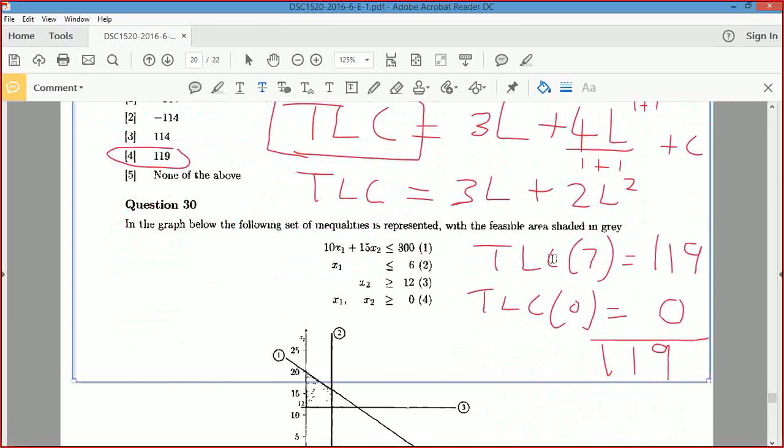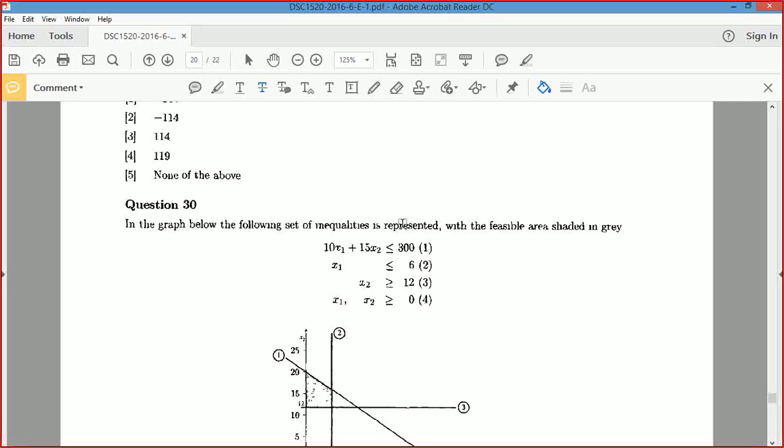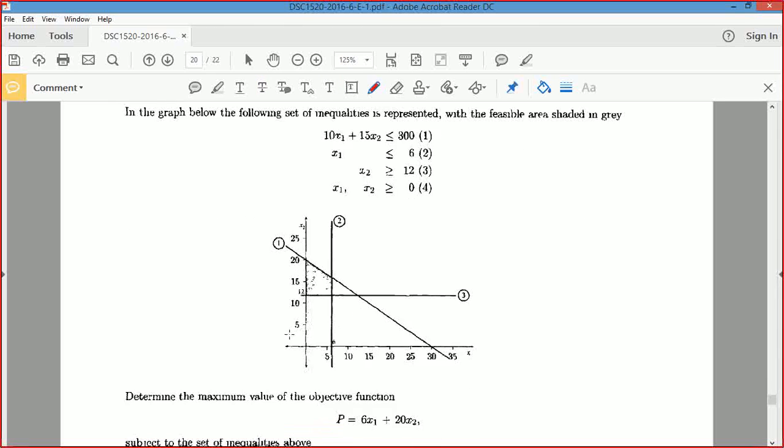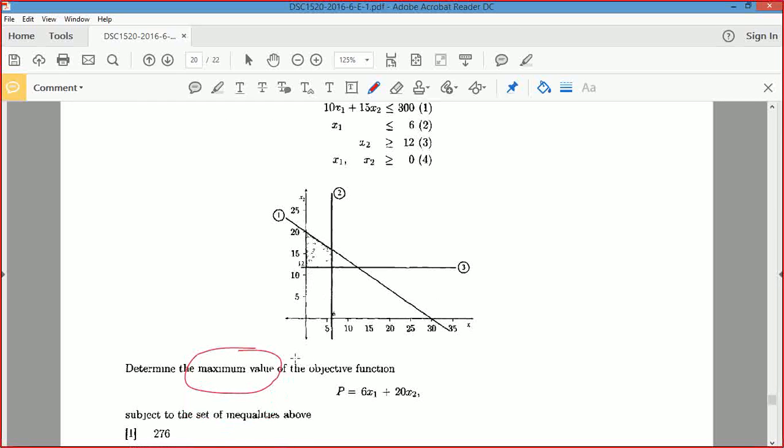Alright, then 30. We saw one previously that was looking at graphs. What do they want? Maximum. Where does the maximum occur? At 3 points. The maximum is the point furthest from the origin.